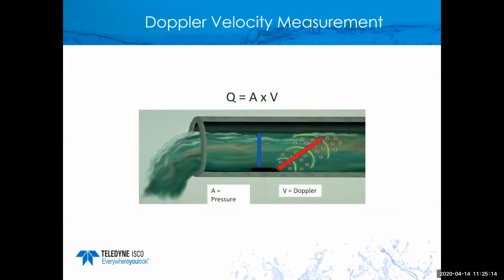It transmits a frequency, like a 500 kilohertz frequency, and measures the average velocity by reading the frequency shift from the air bubbles and particles in the water to give us a velocity reading. With a continuous wave Doppler sensor, you can read both positive and negative velocities, so it will determine which way your flow is going.